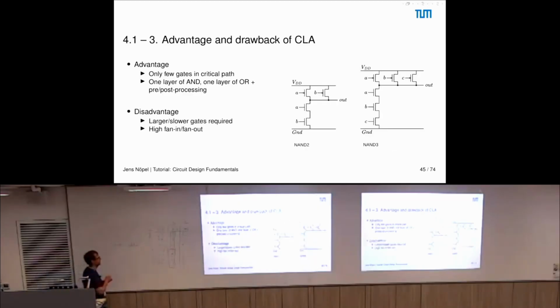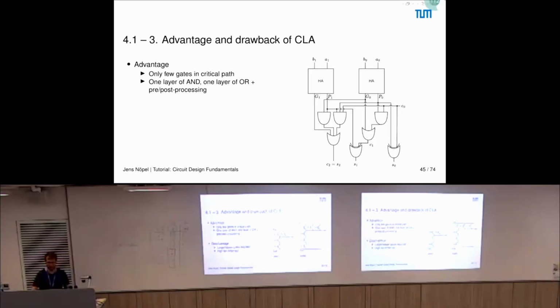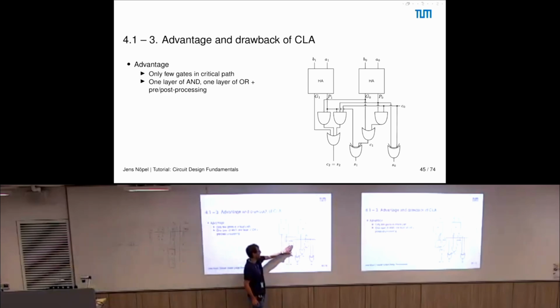All right, then let's talk about some disadvantages. The disadvantage here is that the gates are much slower and also need a higher fan in and fan out. So why is that? Maybe one slide back. As you see here, you have this AND gate, right?